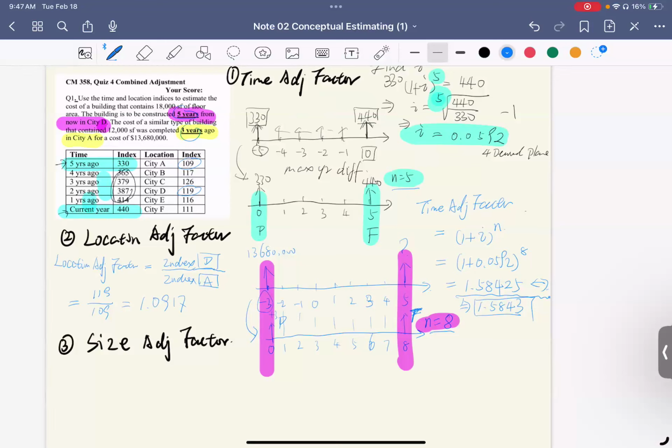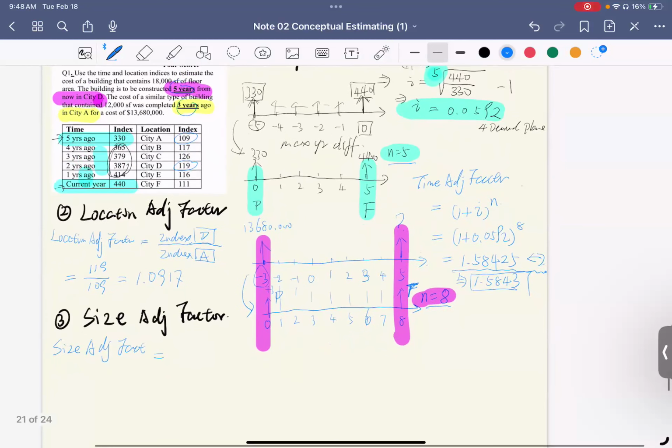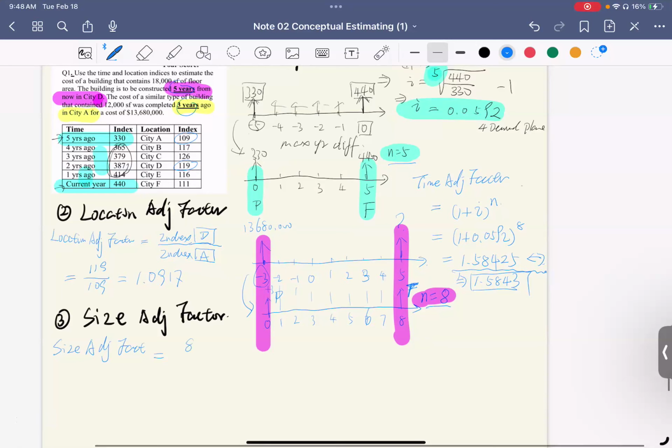So if there are no questions for this one, the last topic we have is size adjustment. That is very easy. We are going to propose a new project which has a square footage of 18,000, right?